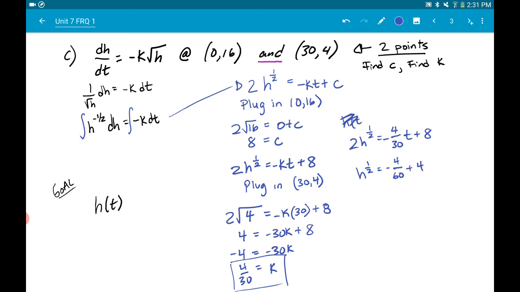And again, you could rewrite this a few different ways. And then if I square both sides, I've got something like (negative 4 over 60 t, forgot my t, plus 4) squared. Again, I think that looks pretty good. Hopefully it helped out, and thanks for the questions.